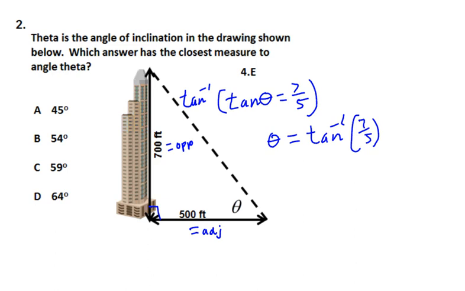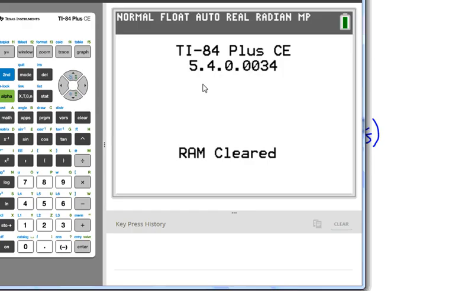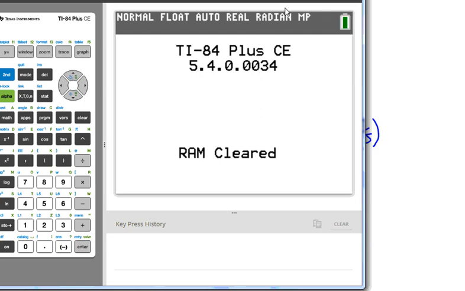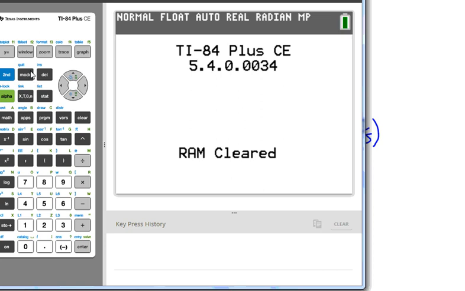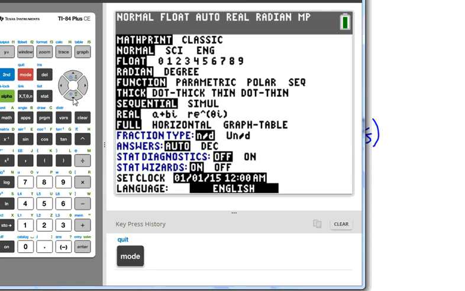And we go to our calculator, and the first thing I notice, I'm ready for things like this, is what units of angle measure do we have here? Radians. We are asked our questions in degrees, so I'm going to go to mode, and change this over to degrees.